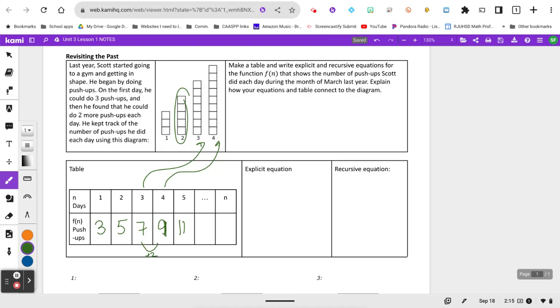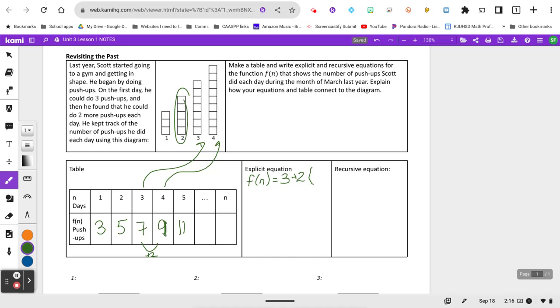Now, explicit equations are much easier to figure out. We're going to write it as f of n. We know we have a 3 because that's the first one we're going to start with. Plus, and we know we're going up by 2, but are we going to go up by 2 each term?